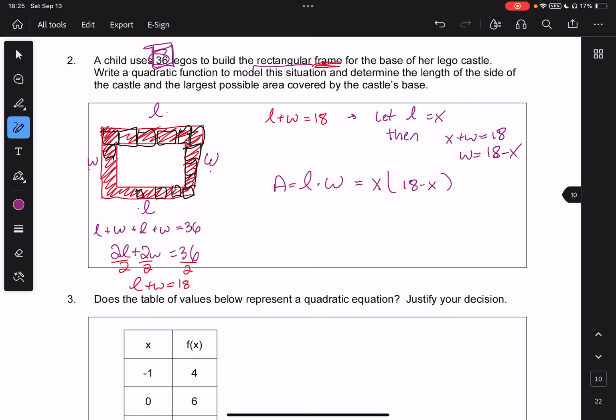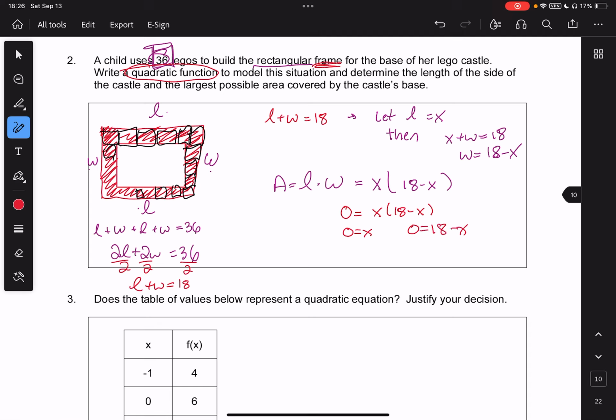So this is our quadratic function. We need to put it in X and Y to make it a quadratic function. What we are going to do now is find the x-intercepts. Remember, x-intercepts are when our y is 0. So let's set this equation equal to 0. We get 0 is equal to x and 0 is equal to 18 minus x.